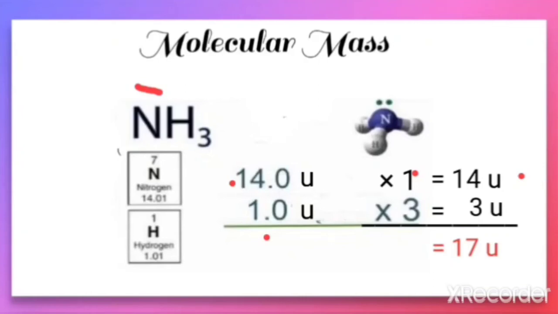Since there are 3 hydrogen atoms, we multiply with 3, so it gives 3 U. When we make the sum of 14 U and 3 U, it gives 17 U. That is, the molecular mass of ammonia is 17 U.